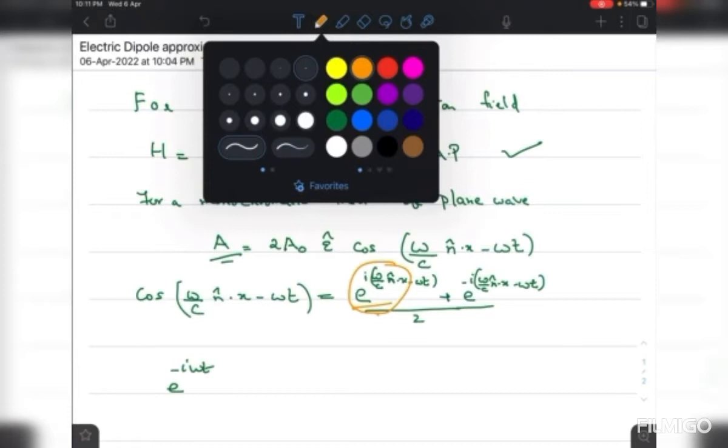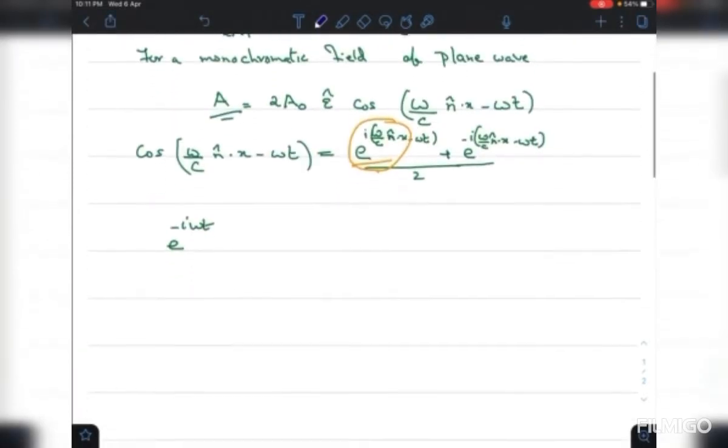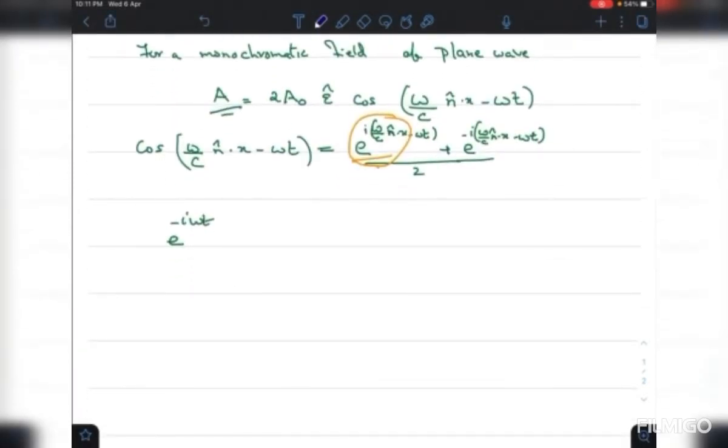In this approximation, omega by c is equal to 1 by lambda bar. And we assume that in the electric dipole approximation, the wavelength of the radiation field is far greater than the atomic dimensions.